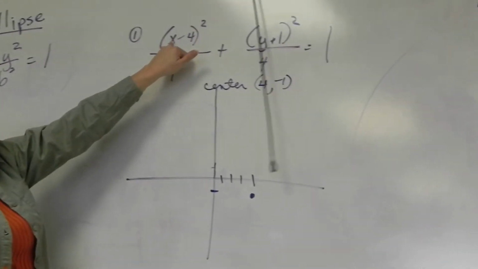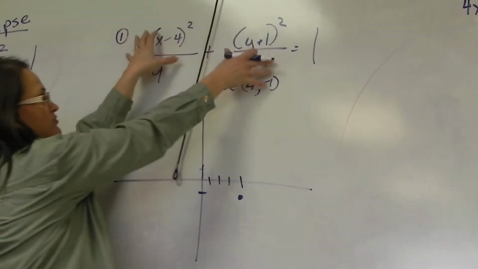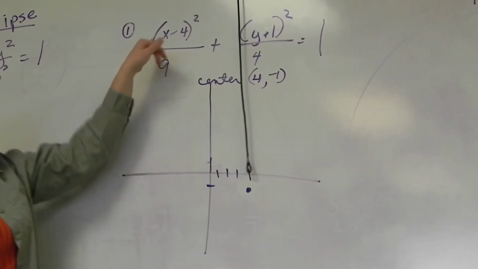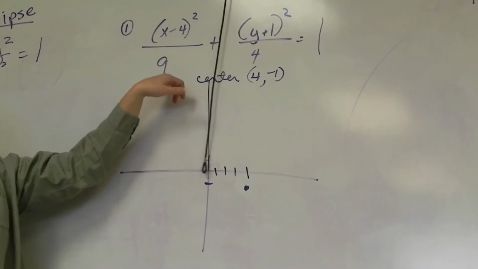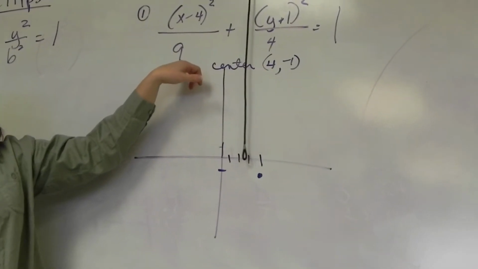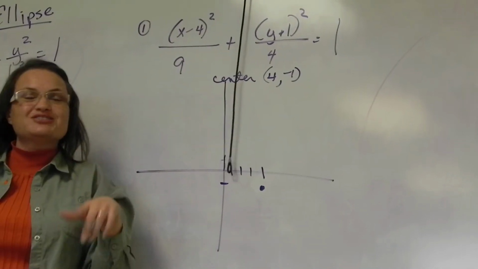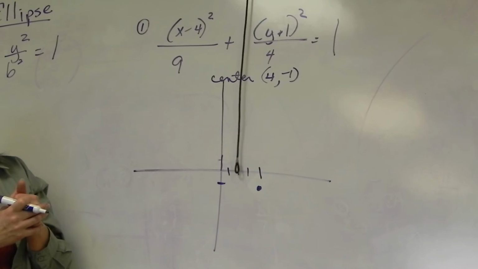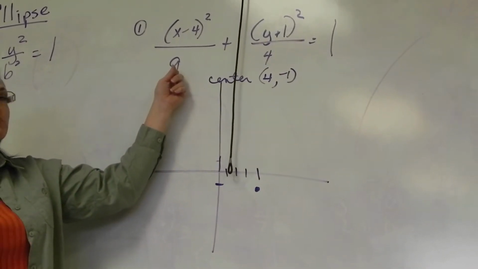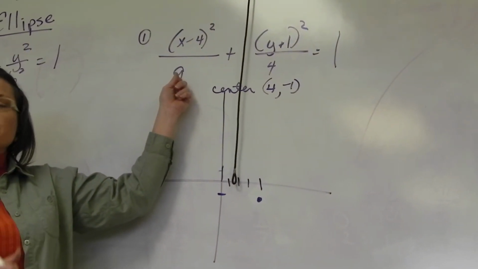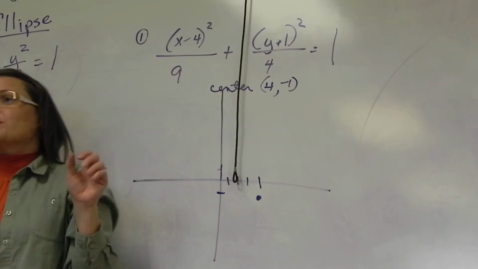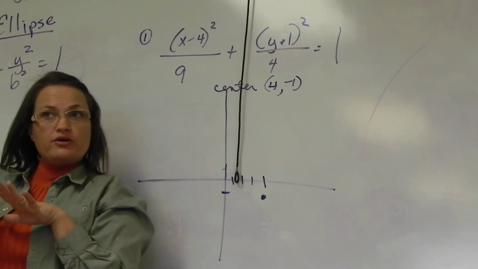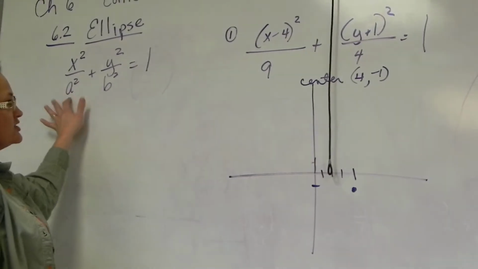Now remember what's under the x, because these could be written in the other order. So what's under the x is the x movement, kind of the x radius of sorts. It's not a true radius because it's not a circle, but it's like the radius idea we did. That's how far we move from each side of it. So that number represents the number squared. Remember in the formula, that's the a squared value.